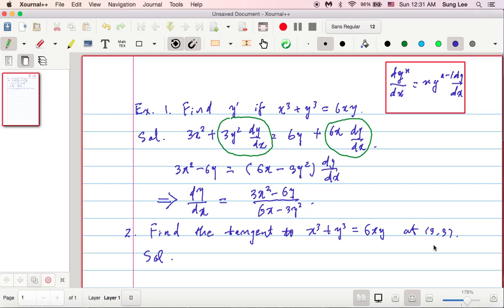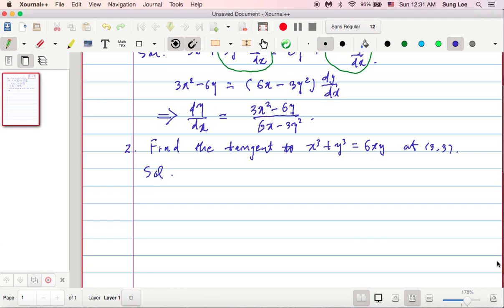First let's check that 3, 3 is actually on this curve. That's obvious, but I still want to check. So how do you show it? Well, plug in x equals 3, y equals 3 in the left-hand side and also the right-hand side, and they must coincide. That way we can confirm that the ordered pair is actually on this curve.